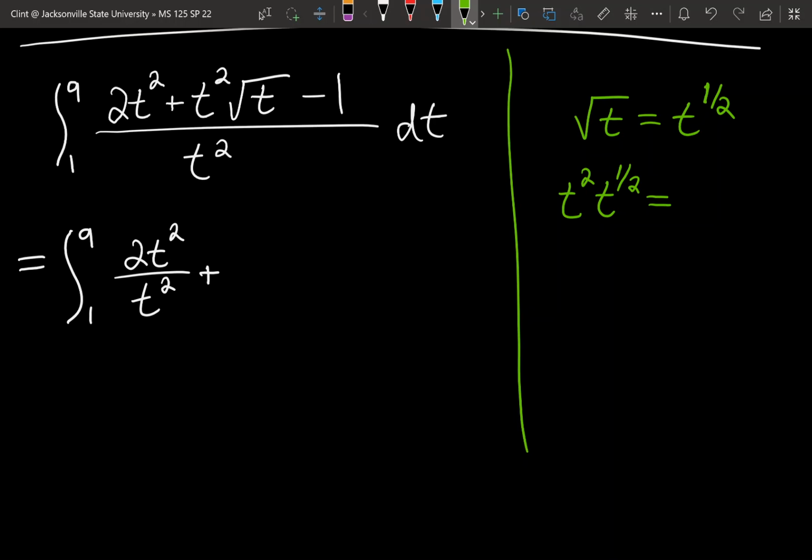What's that going to be? 2 would be 4 over 2. So yeah, this thing turns into t to the 5 over 2. We got to get a common denominator there. So it's t to the 5 over 2 over t squared. Last one's not that bad, thank goodness.